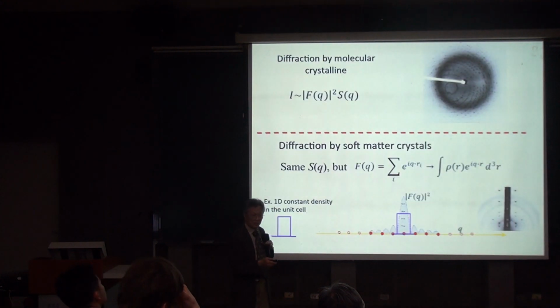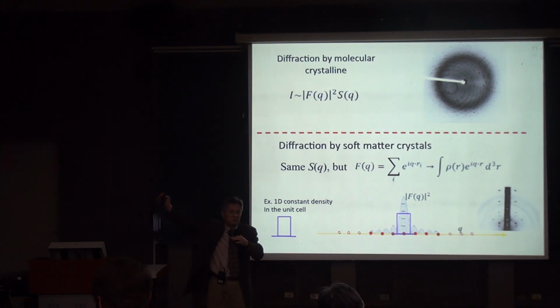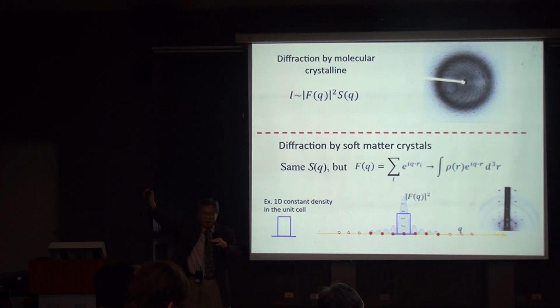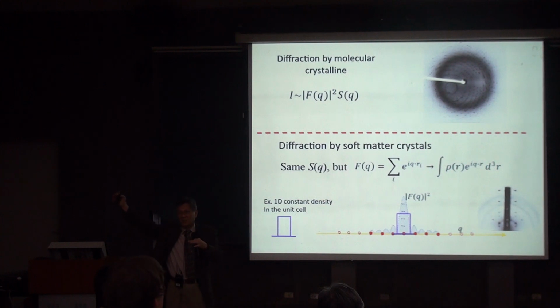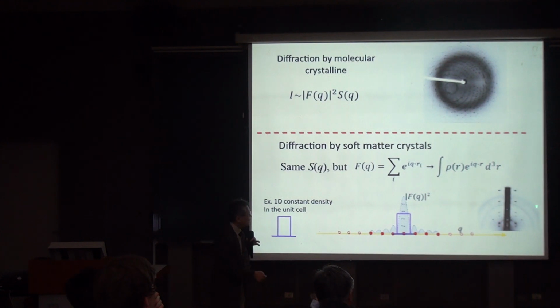Sharp peak means you have good long-range order. Good long-range order means a good crystal. A good crystal gives you sharp peaks and also a lot of diffraction peaks. But why here? Very sharp peaks, but a very small number of diffraction peaks.